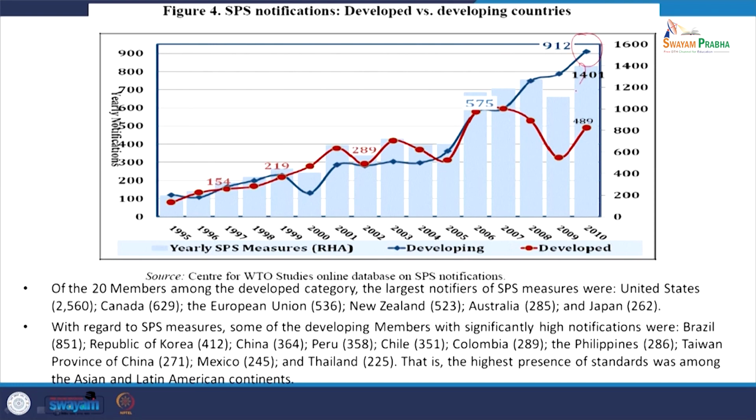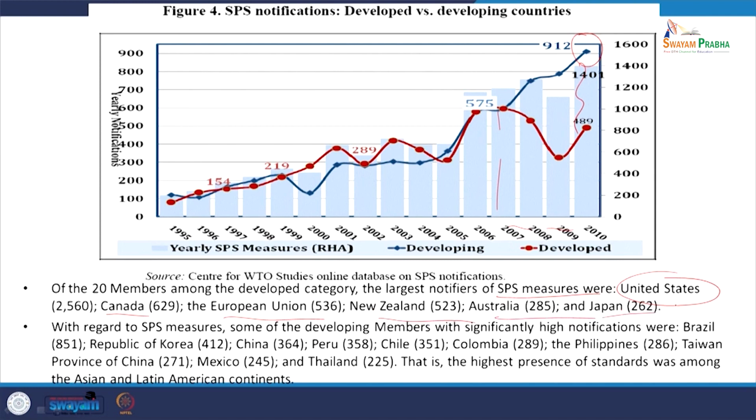Among the 20 members in the developed category, the largest notifiers of SPS measures were the United States, followed by China, Canada, the European Union, New Zealand, Australia and Japan.